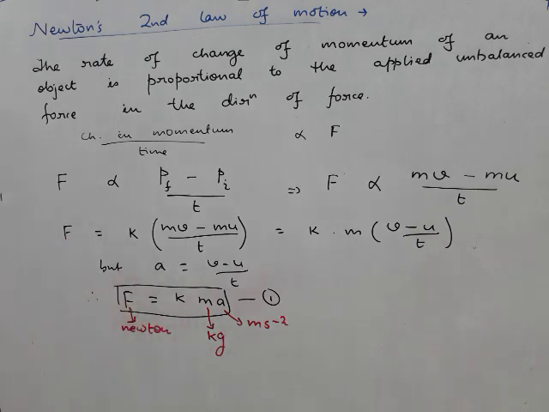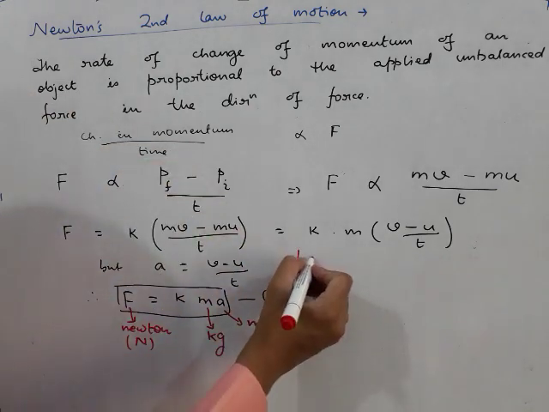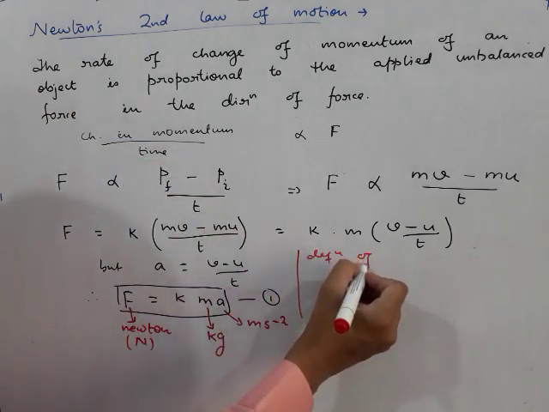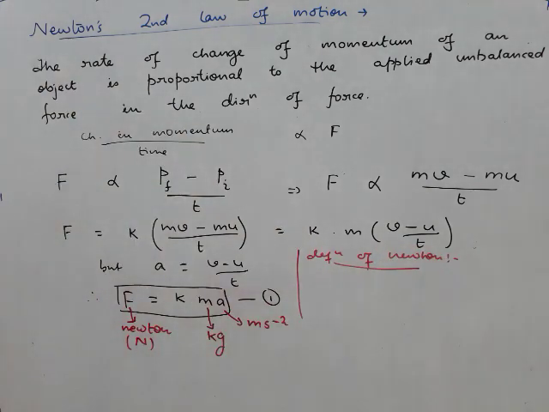When you write Newton in words, your n must be small, but when you write its symbol, that N must be capital. Let us first define Newton. Definition of Newton. Newton is the SI unit for force. We need its definition.